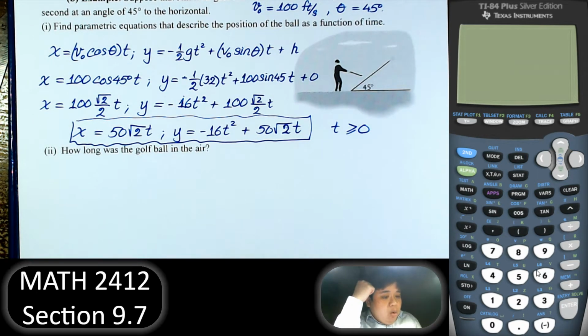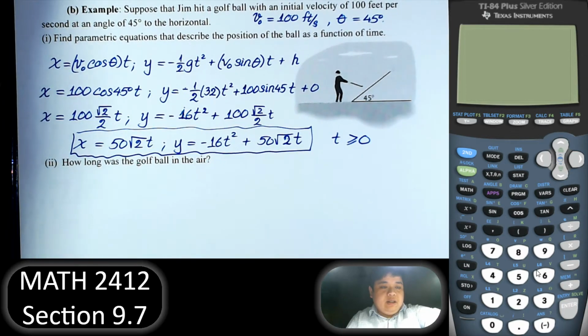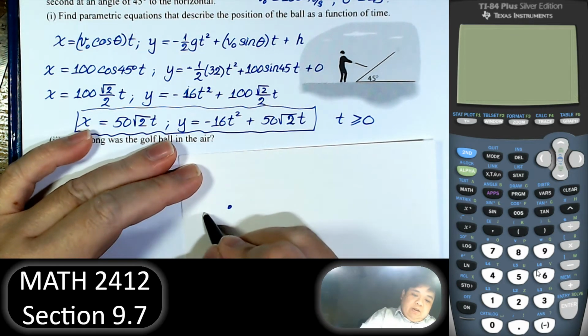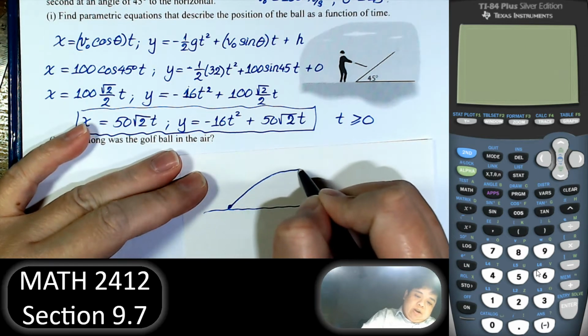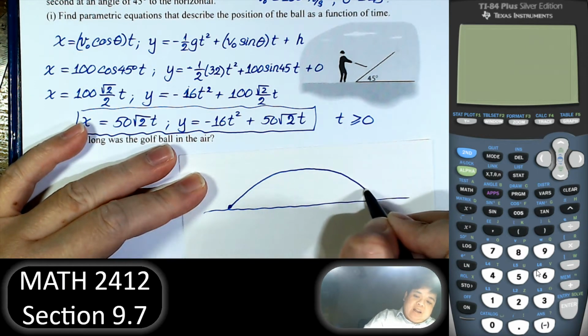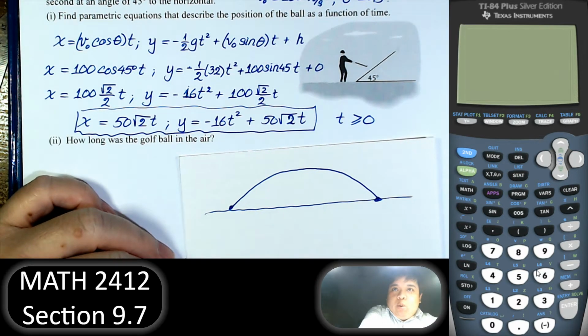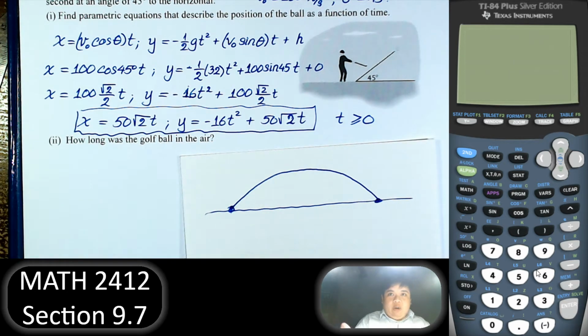Next, how long was the golf ball in the air? So how do we do that? Let's take a look at this. Initially, we hit the golf ball from the ground level. When it is hit, it will travel in a parabolic path and will hit the ground at some point. What's so special about these 2 points? Well, it's on the ground, right?